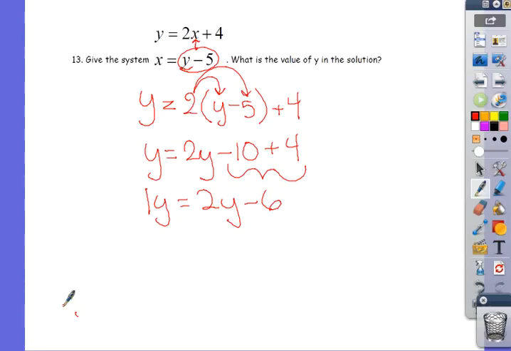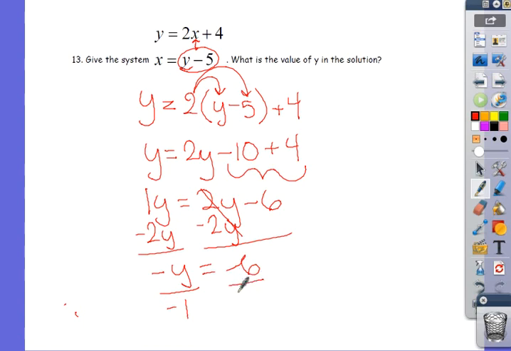Now, we can put a 0, and that would be okay. But you can really get rid of either one. So let's get rid of this 2y by subtracting 2y. So then we have a negative 1y, or a negative y, equals negative 6. But we don't want a negative y. Divide by negative 1, and y is 6. Very good.